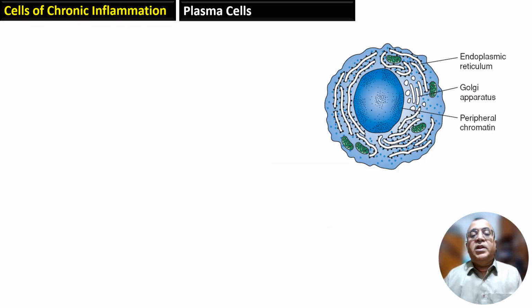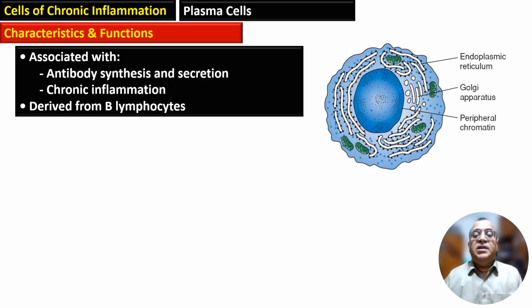Another cell of chronic inflammation is the plasma cell. The plasma cell is associated with antibody production and secretion, and it is derived from B cells.